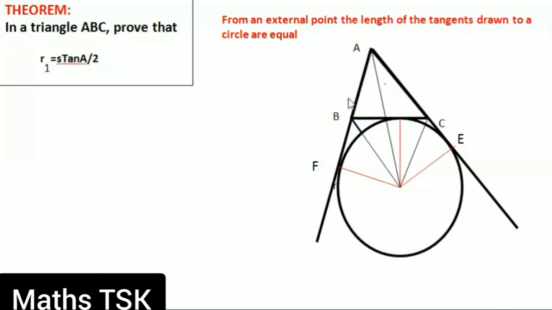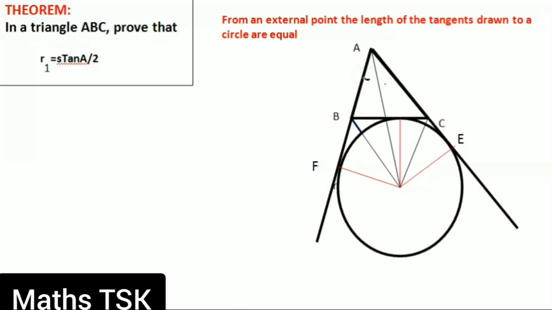The second one: in a triangle ABC, you have to prove that R1 is equal to S tan A by 2. We consider this as the triangle ABC. There is one internal angular bisector, so there is A by 2. Here it is an external angular bisector. The external angular bisectors and the internal angular bisector intersect at a point, I1.